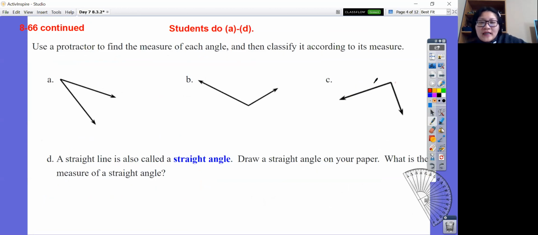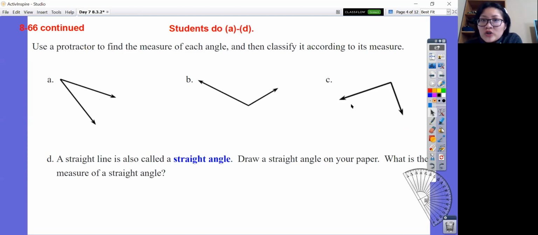Question A66, they want us to use the protractor to find the measure of each angle and classify the name of each one of them. So question A, angle A right here. It's not easy for us to see. Angle is about rotation.